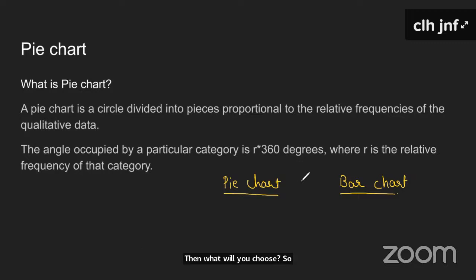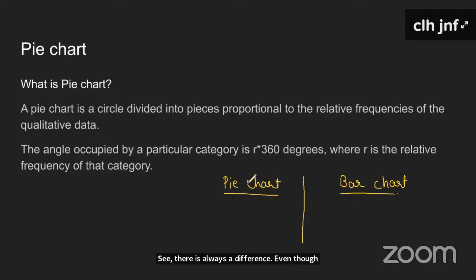Bar chart. Why? Ma'am, in a bar chart we can find the difference easily between one and another. What will we do with the pie chart? Ma'am, in a pie chart we cannot compare as much; in a bar chart we can. See, there is always a difference.